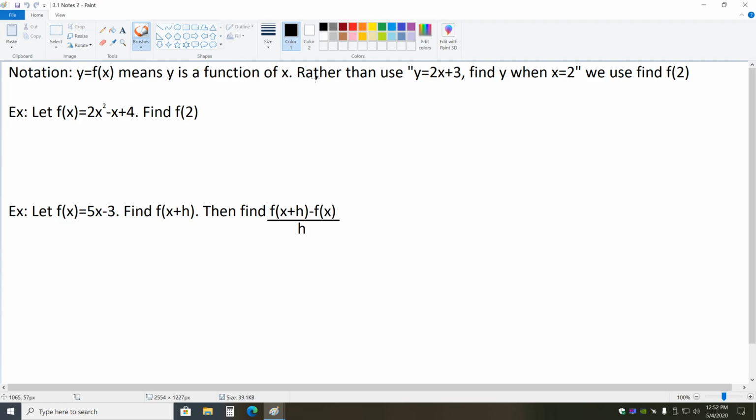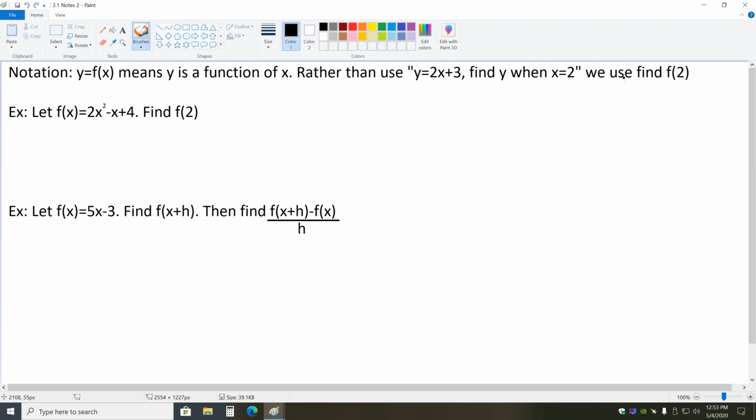Well, if you think about it, if I wanted to evaluate some y value given an x value, I would have to say y equals 2x plus 3, for example. Find y when x equals 2. But instead, we can just use find f of 2 if this were written in the function notation f(x) = 2x + 3.